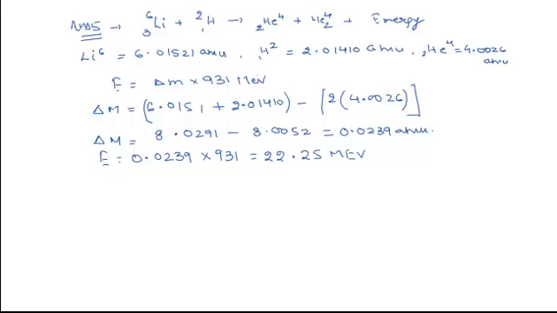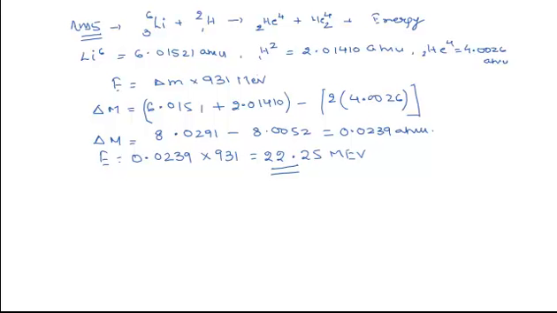Now students, we have got the energy in terms of mega electron volts. But in what terms your energy is asked? It is asked in megawatts. Right? In megawatts per day. Now, so this is the energy produced by one atom or the one molecule of lithium hydride.